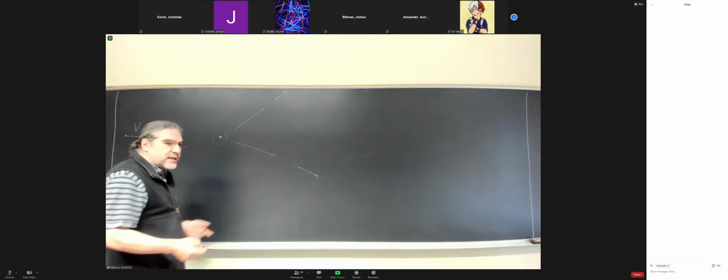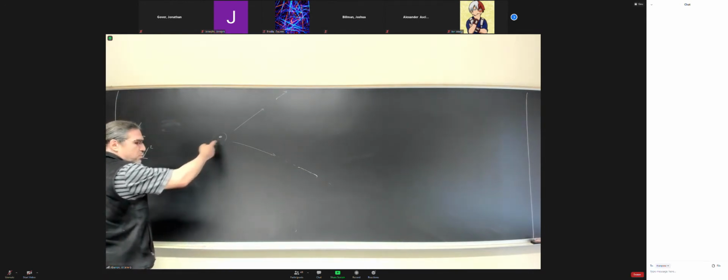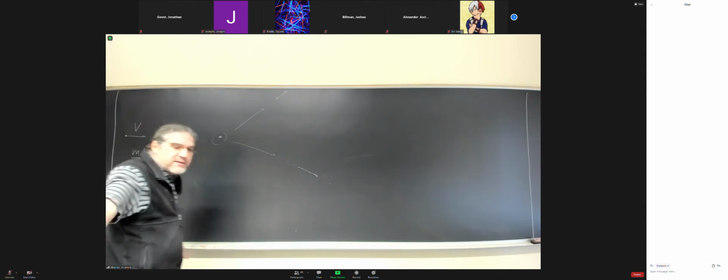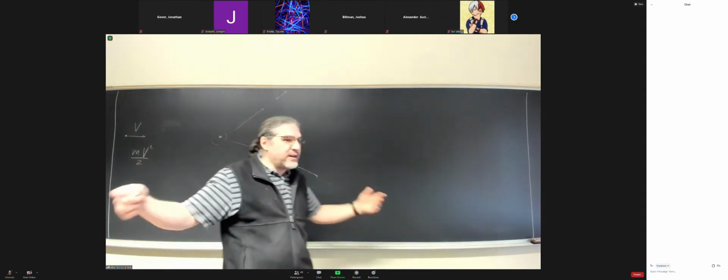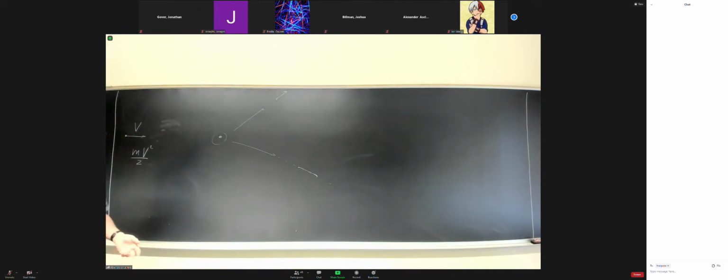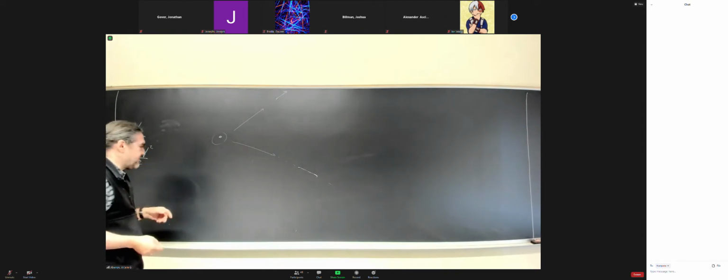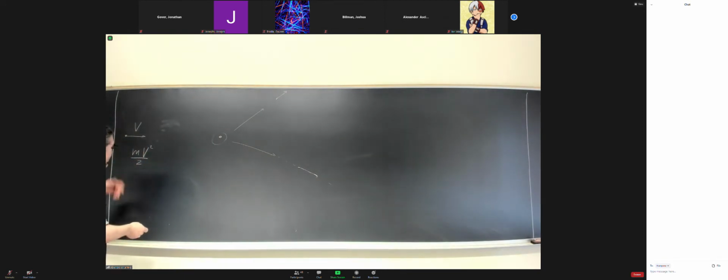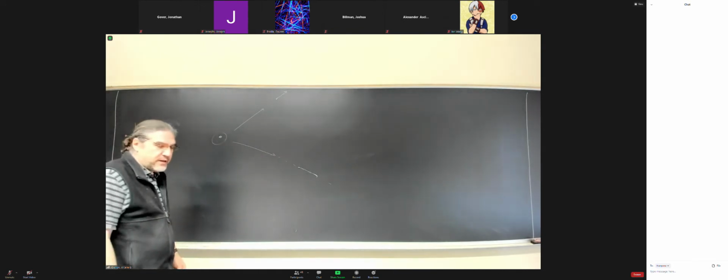The potential energy comes from the interaction between those two particles, but they are very far away. At infinity, the potential energy will be 0. We'll call it 0, but I'll talk about it later. So this is the total energy of the system at the beginning.